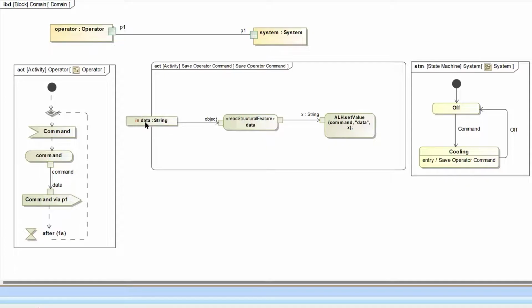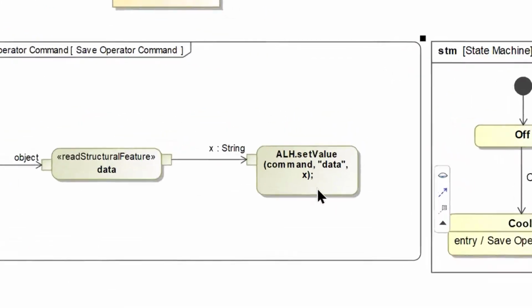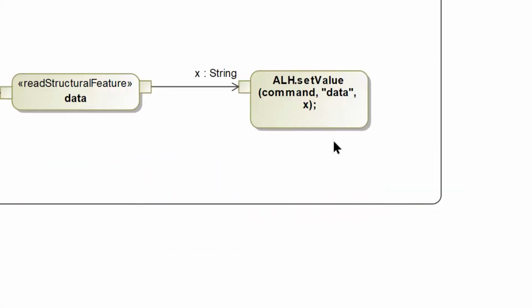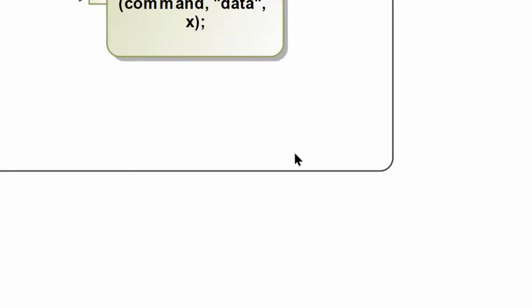It will be pulling in that field or that attribute of the signal, but then we need to read that with a read structural feature value action, which is what this is, or you could use an ALH command such as a get value as well. It's interesting here because you can also update the system's command property by using the ALH set value command.